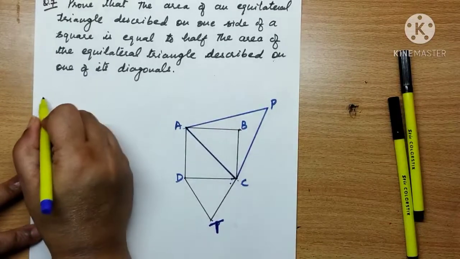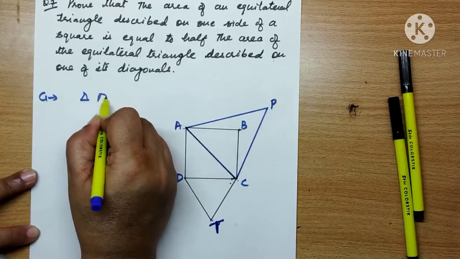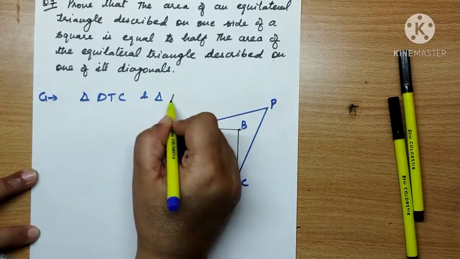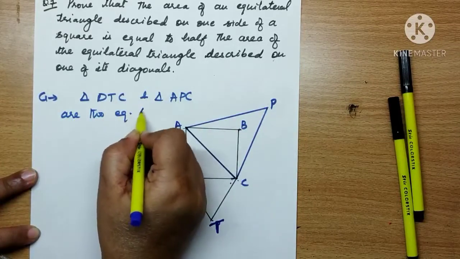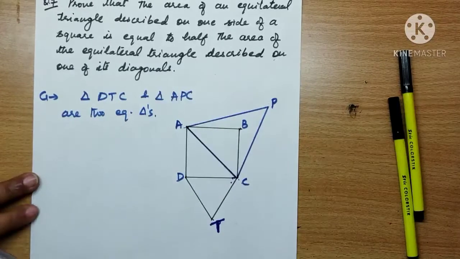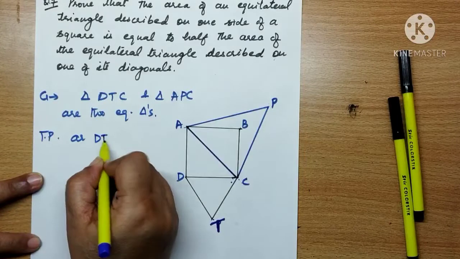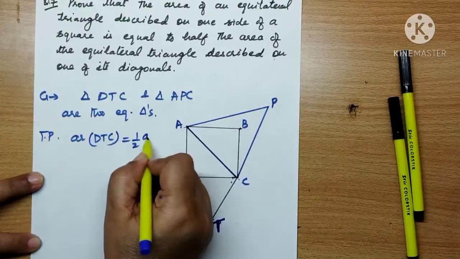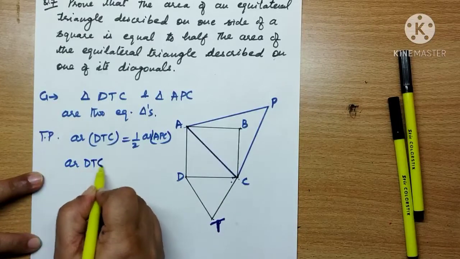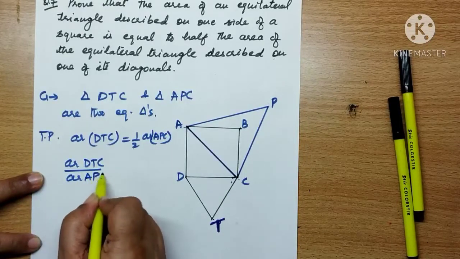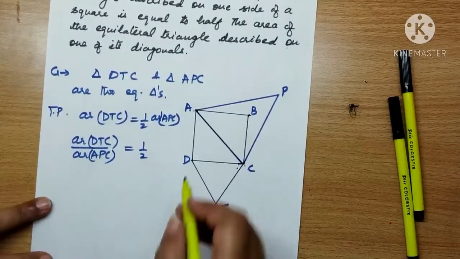So actually, what is given in the question? Triangle DTC and triangle APC are two equilateral triangles. To prove: area of DTC is half the area of APC. That means I need to prove that area of DTC by area of APC is half. What is given?